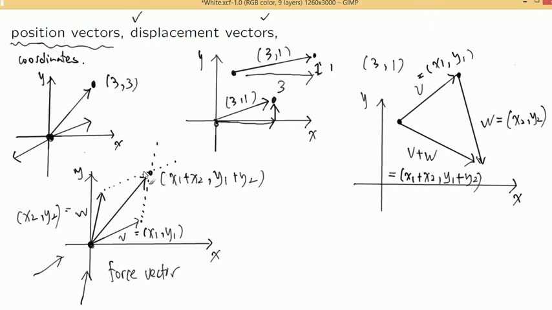And if you analyze these two things, this parallelogram law here, you can see that's exactly the same thing, right? But without much further explanation, we accept that this is true. Is that okay? Force vector or position vector, and how the displacement vector works is pretty much the same. The algebra for this ordered pair interpretation is exactly the same.